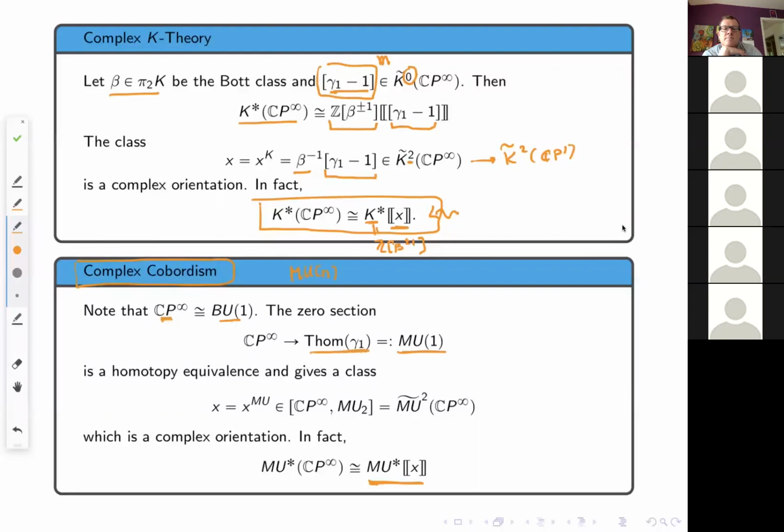That's MU1. That was the definition. And there's a 0 section. It's a vector bundle, so you can put CP infinity at the zeros everywhere. For the Thom space you've crushed everything at infinity, but the 0 section was left intact. Now, it turns out that this is a homotopy equivalence.